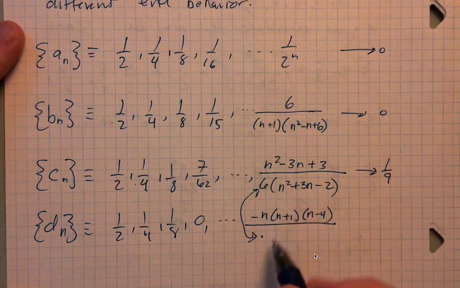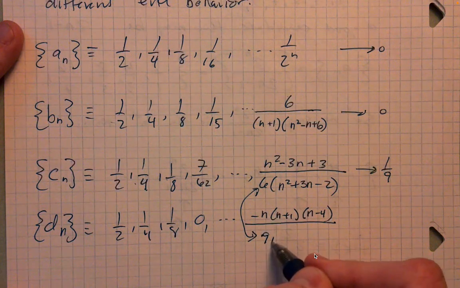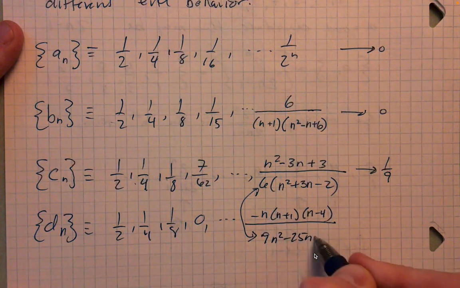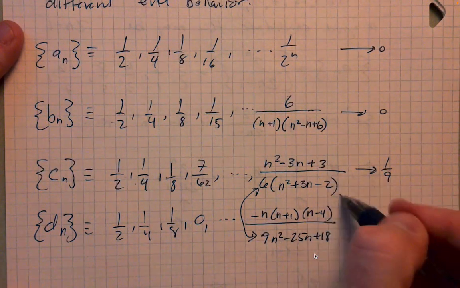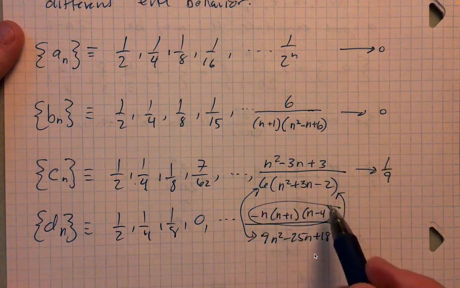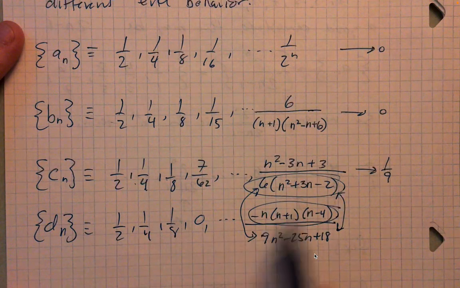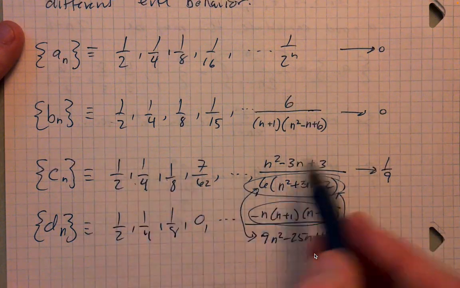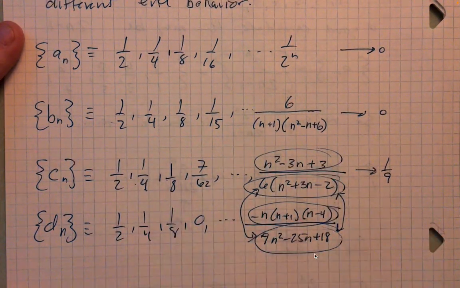This one was 9n squared minus 25n plus 18. So these are flipped, my apologies. So this one on this denominator is this sequence, and this sequence is the one on that denominator. Anyways, you can mess with that in a second.